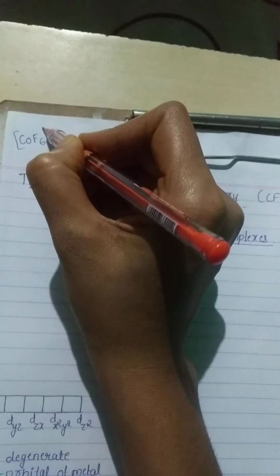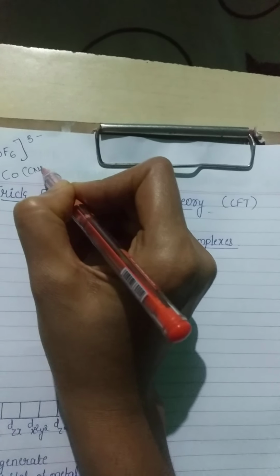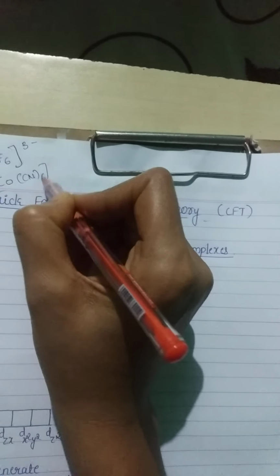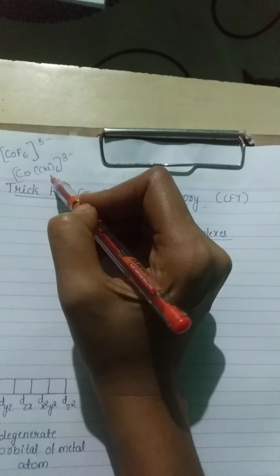For example, CoF6 3 minus and Co(CN)6 3 minus. The central metal atom consists of d orbitals. Here fluoride is there, cyanide is there.